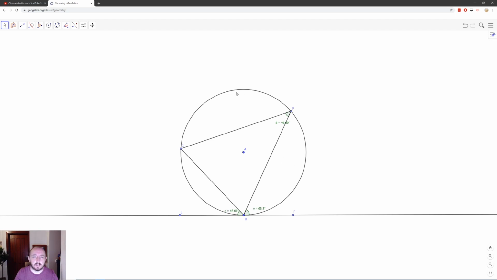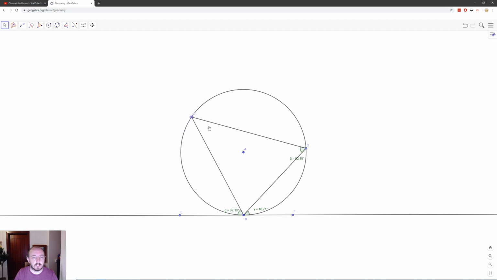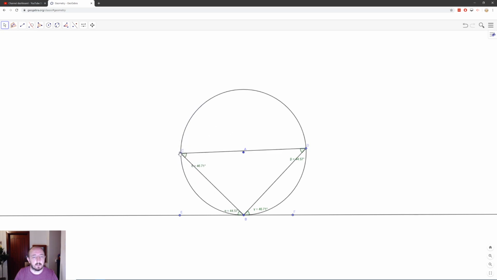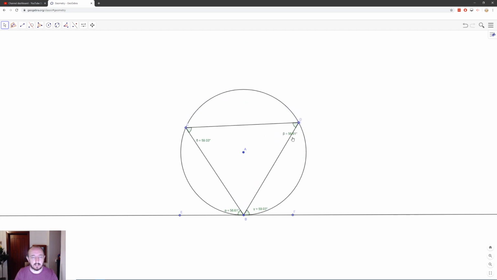And this big chunk of the circle is the major segment. So if I move this one here, that's also going to equal 46.71. So that's what we mean by alternate segment: if we create an angle in one segment, then the one in the opposite one will be the same. Hopefully that makes that clear.